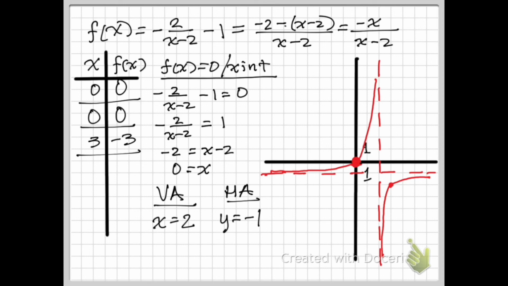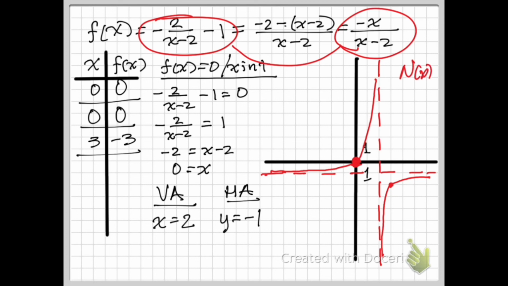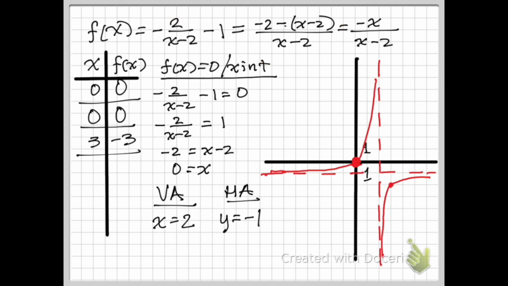So the key to this really is that if you're in this form, the best way to do it is to get it into the n over x, d over x form. Now, you could say that I'm going to look at this function here, figure out where that asymptote is, and then drop it down by 1.